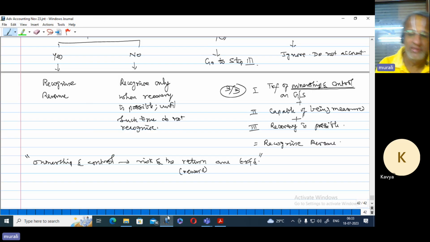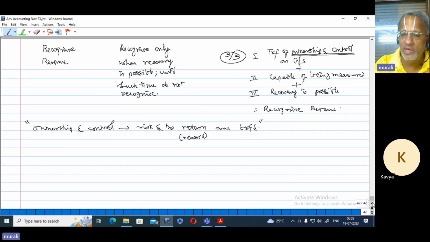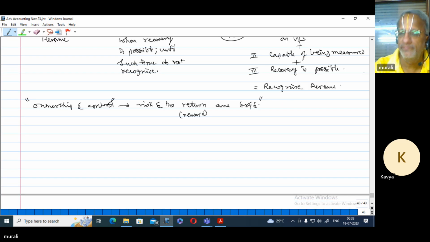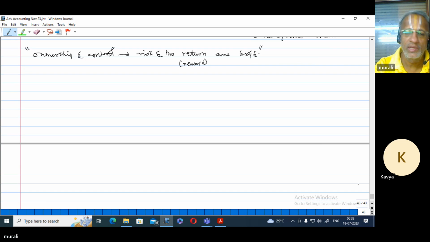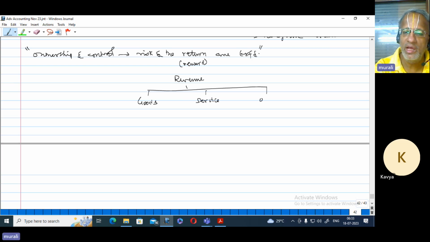So now let us summarize all that in our notes. Number one, revenue can be generated on account of goods, services, and others.